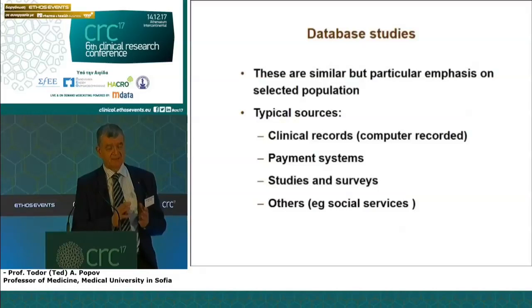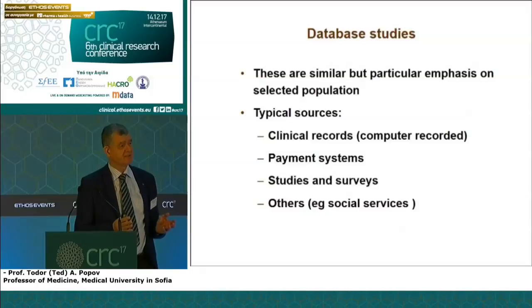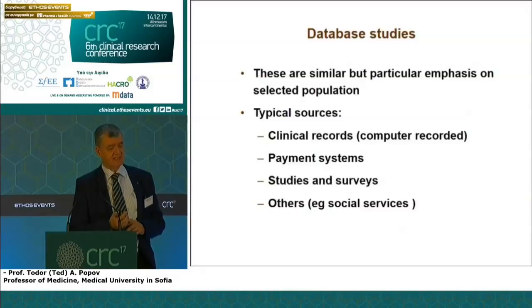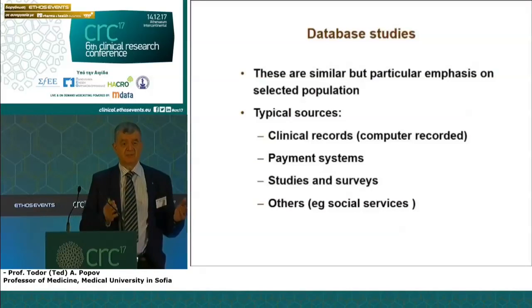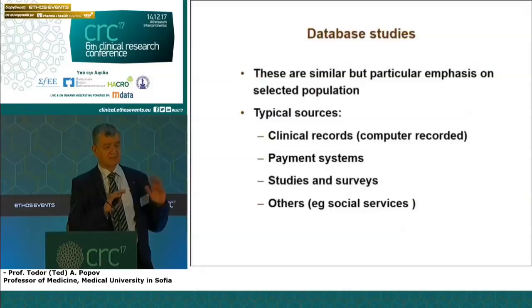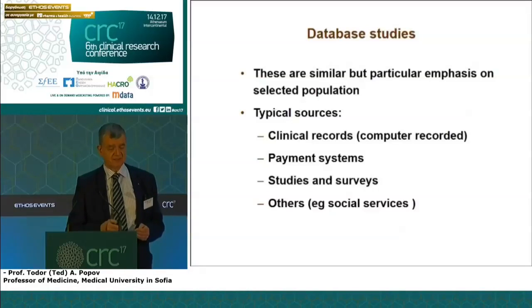They have a similar approach in terms of selection of patients. They use different sources of data. Those data could be clinical records in places where you have a good system of archiving data for the patients. And electronic databases could encompass millions of patients.